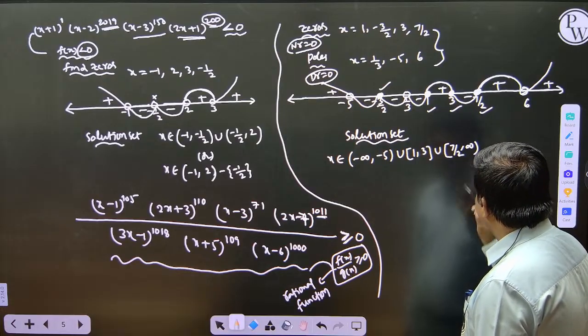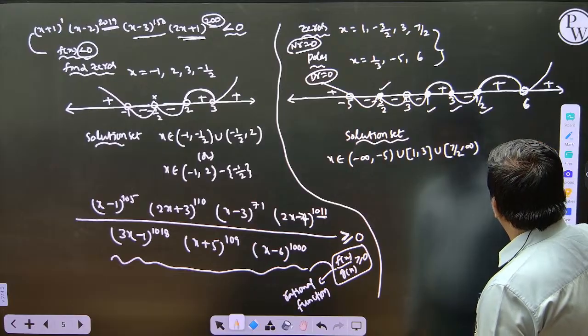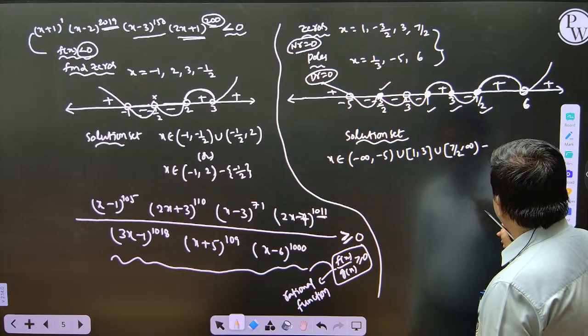But here you check it: in 7 by 2 to infinity, 6 must be subtracted.